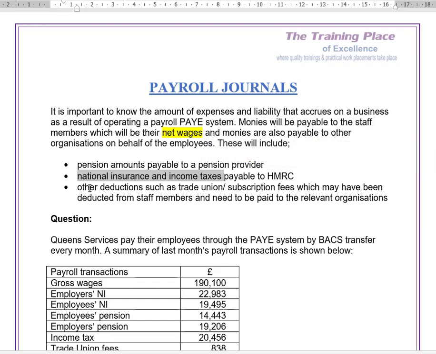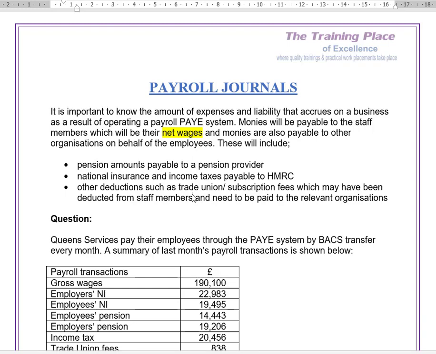Then other deductions such as trade union subscription fees, which may have been deducted from staff members, you need to pay that to the relevant organization. So if you deduct trade union fees from your staff members, it is supposed to be paid to the relevant trade union organization.